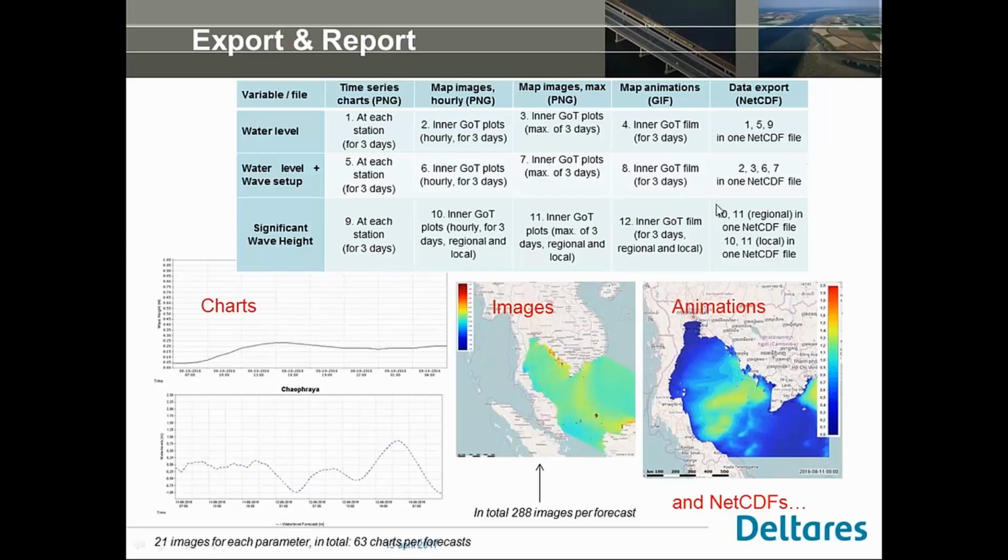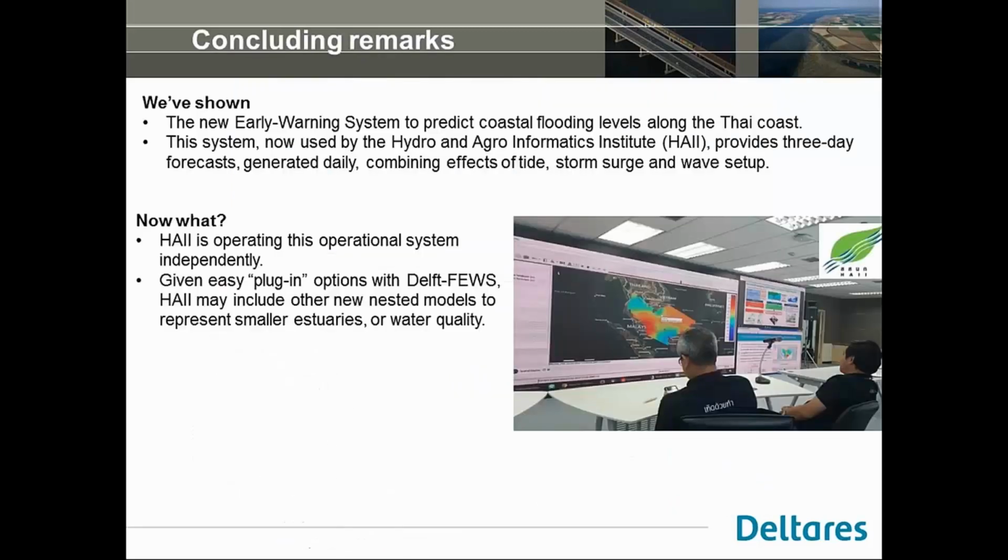We can also export all the raw data of the model output into nested files for later use, for example model evaluation. These animations can also be saved in HTML format to be disseminated online, which is now the case by our client HAII.